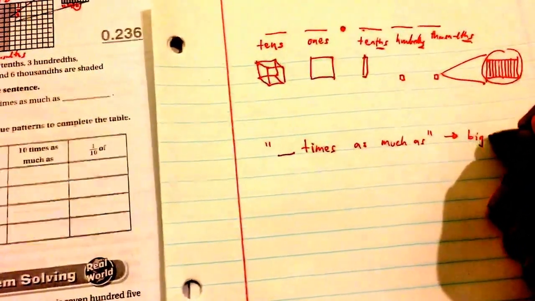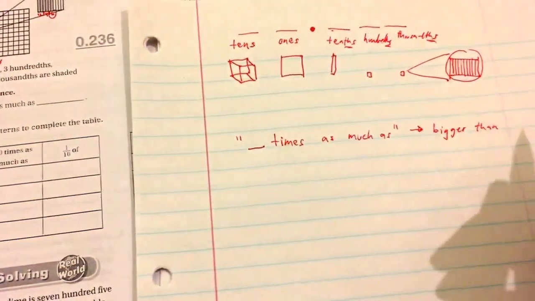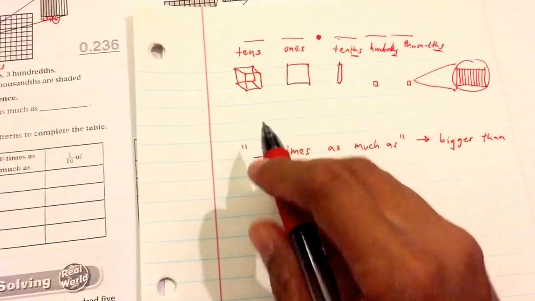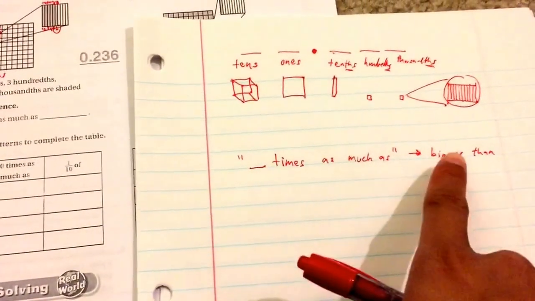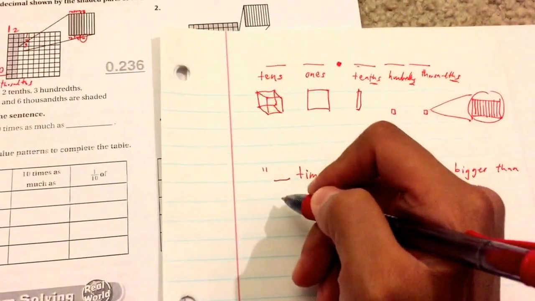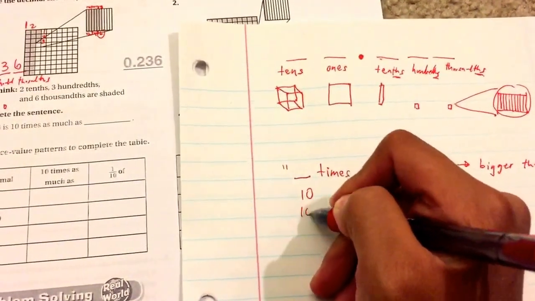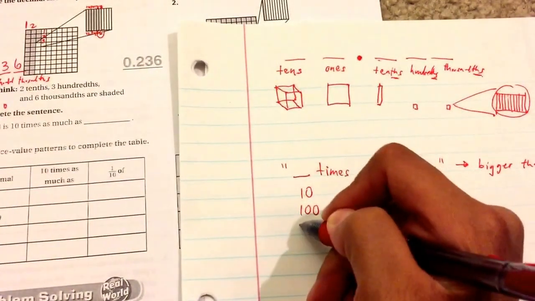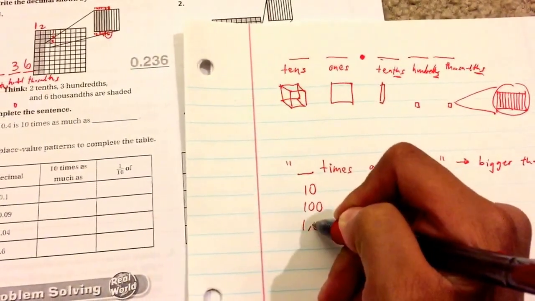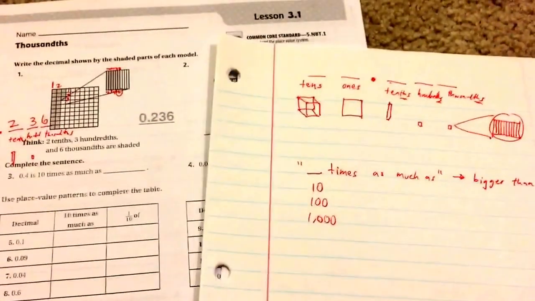That whatever number is to the left is bigger than the number to the right. And the numbers that will go here, since it's bigger than, are whole numbers. So it might be 10 times as much as, it might be 100 times as much as, it might be 1,000 times as much as, and so forth. 10,000, 100,000, and so forth.